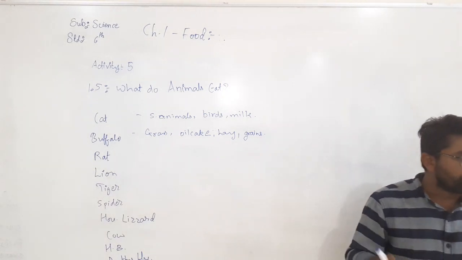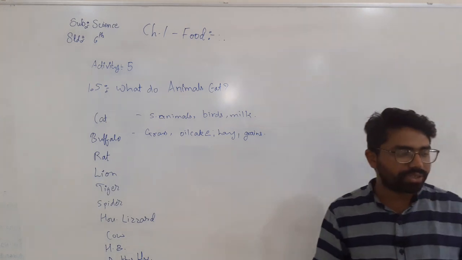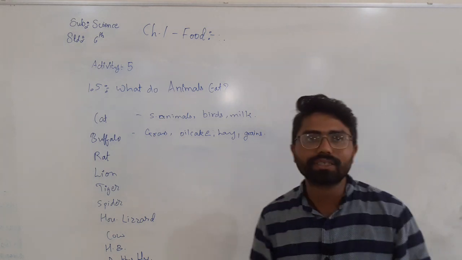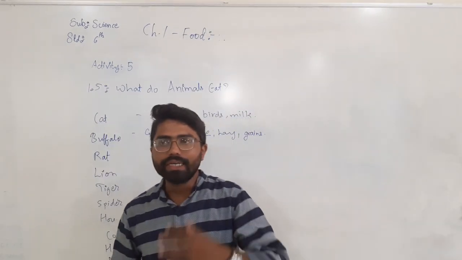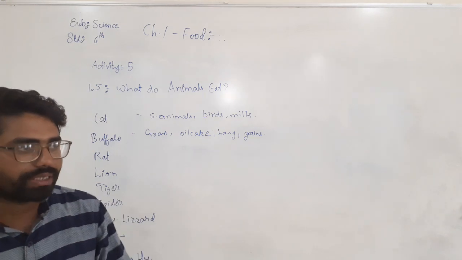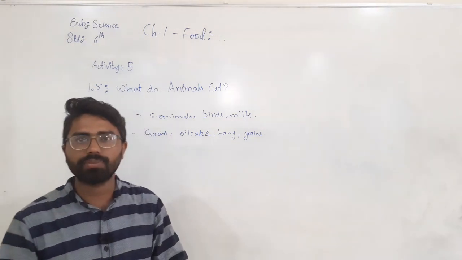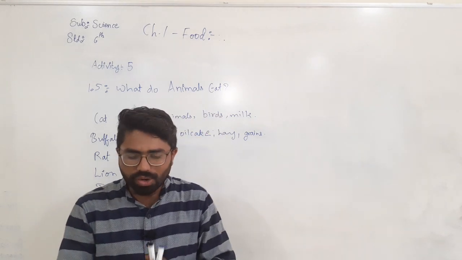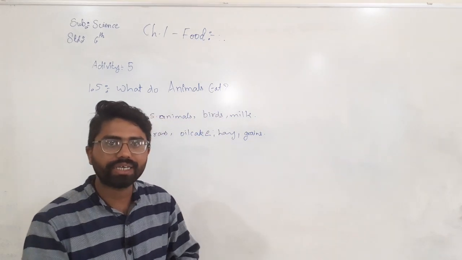Students, in the previous lecture we talked about all the things that we have seen here. First was food variety, then food materials and the parts of the plants. In variety of food, we discussed the variety of foods eaten by human beings, animals, and birds. All living creatures have their different diet.